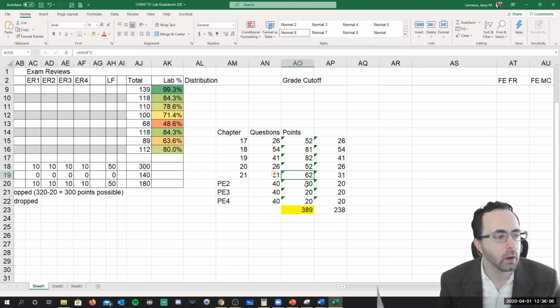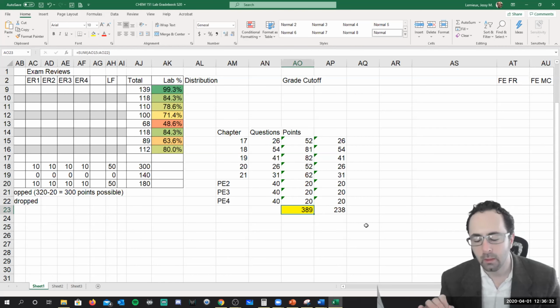Also, there are going to be 3 practice exams, and it's going to be 1 for each practice exam. So that will give you 20 points. And then I'll probably have an extra credit 1 before the final. So as you can see here, the total for the points is 389 points.